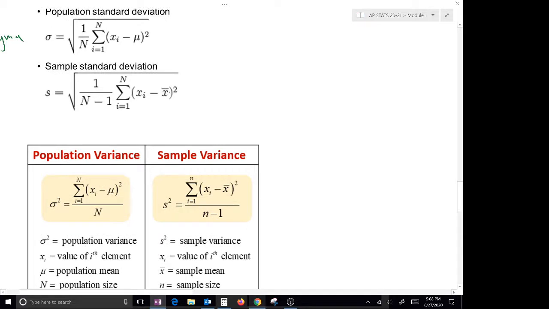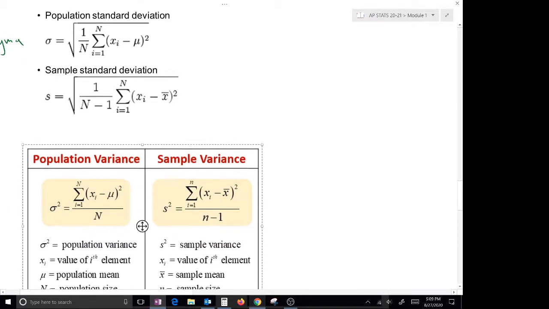If we're taking the average of a sample, we use x bar. It's just a symbol. It's still the same idea. The other difference is that sigma is the representation of the population standard deviation, and S is the sample standard deviation.